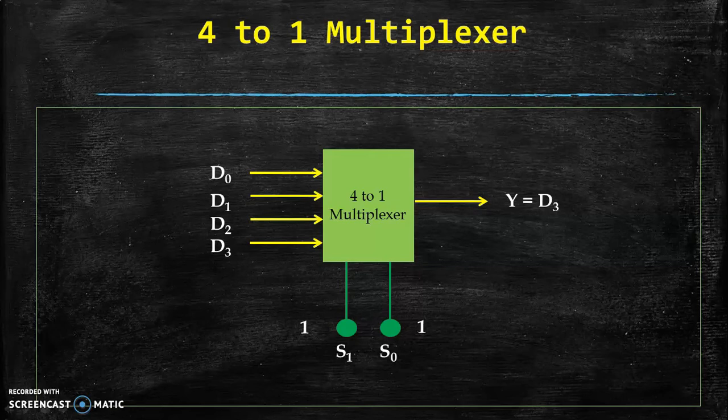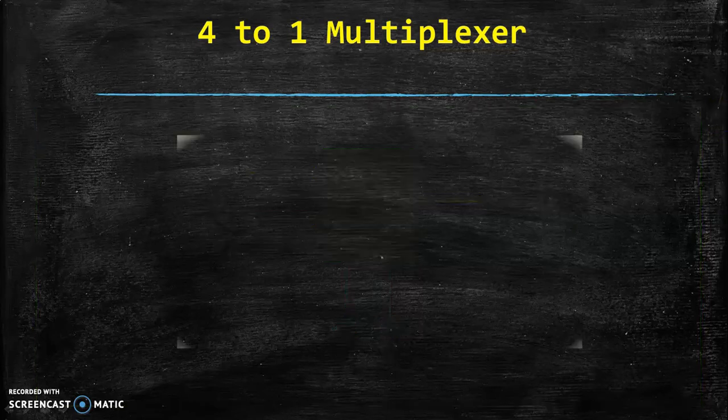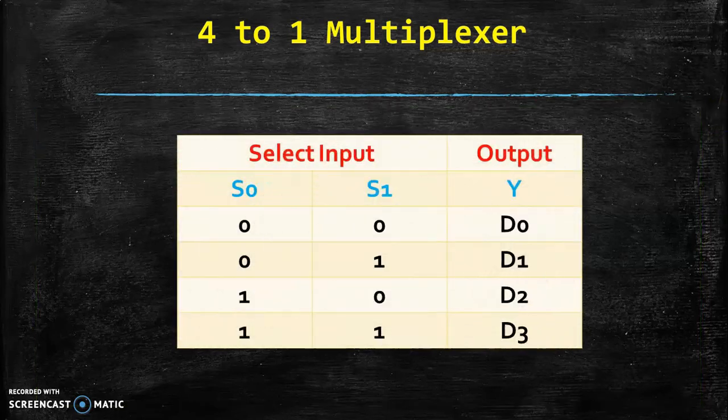Now based on this simulation, we can easily prepare a truth table for 4-to-1 type of multiplexer. We have select input, that is S0 and S1, and we have output and that is Y. With two input select signal, we have 4 different combinations possible, that is 0, 0, 0, 1, 1, 0 and 1, 1.